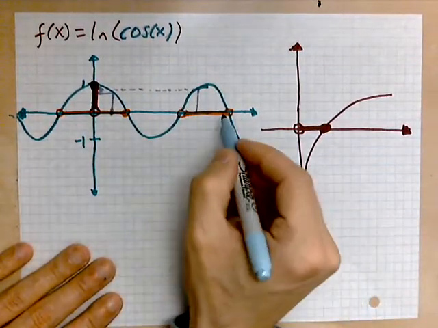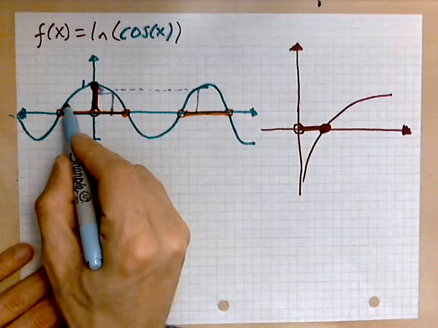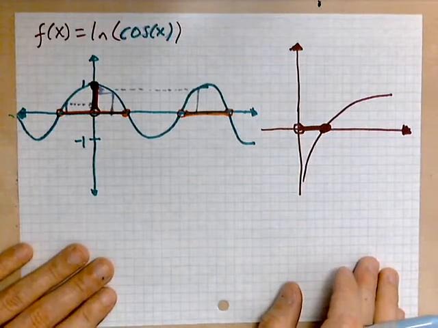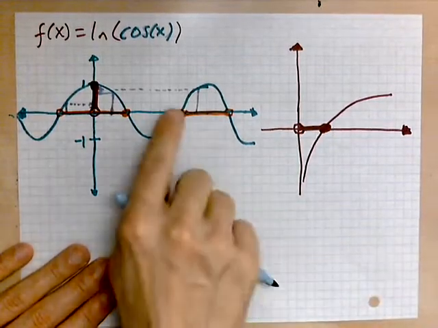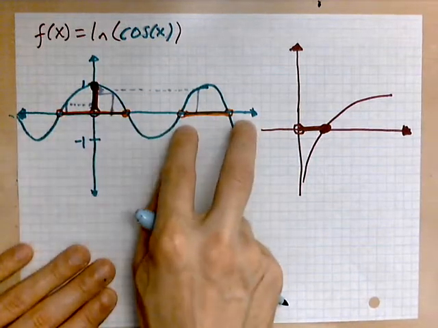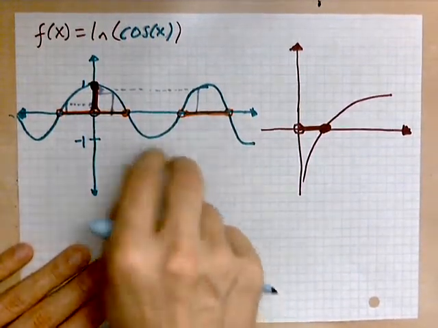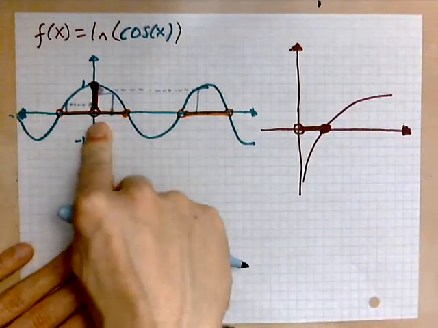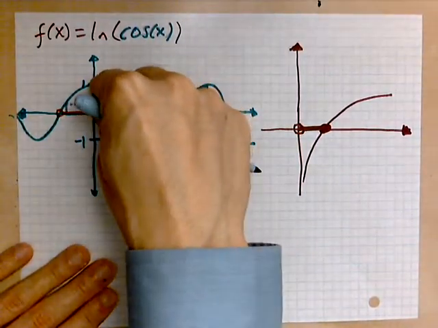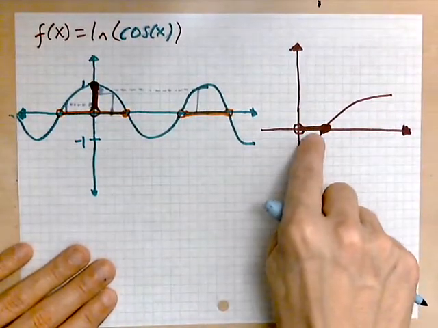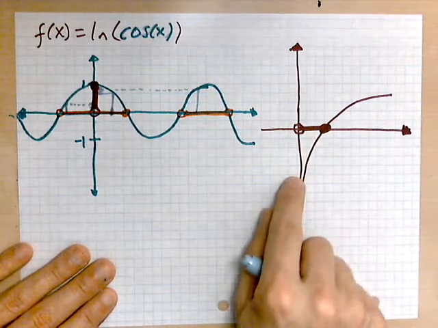But regardless of which chunk of the x-axis I choose my x from, the output will always be between 0 and 1, inclusive of 1, exclusive of 0. This then becomes the domain, so to speak, to go into the ln function. So I place it over here, and it looks like this.